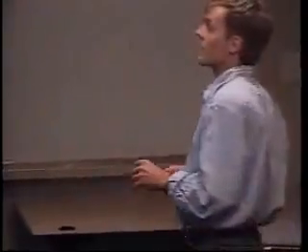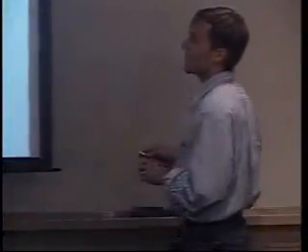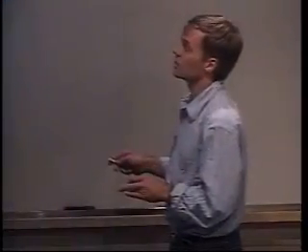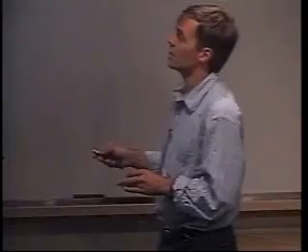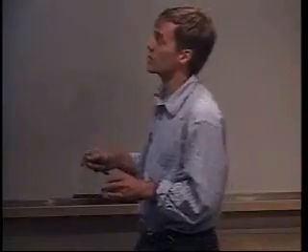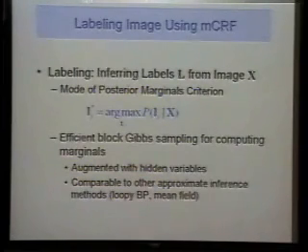Now learning and inference. Starting with inference: given an image X, we treat each pixel i independently and take the mode of the posterior marginals. We marginalize over all of the other labels and, for each pixel, find its most likely label.